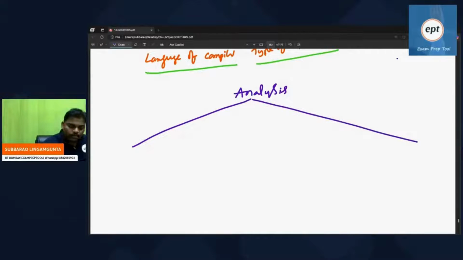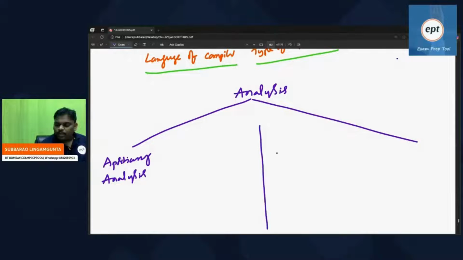First one is going to be posterior analysis.